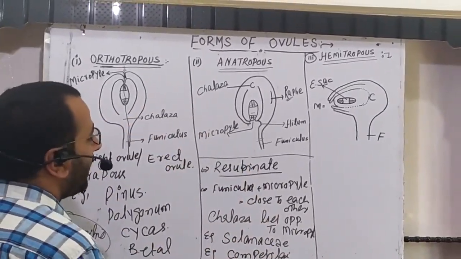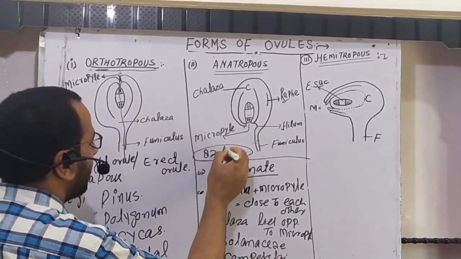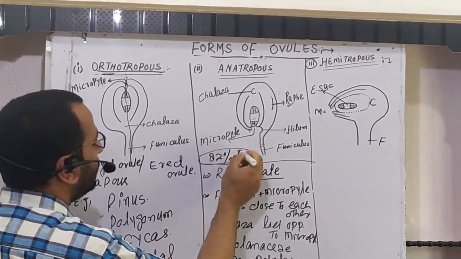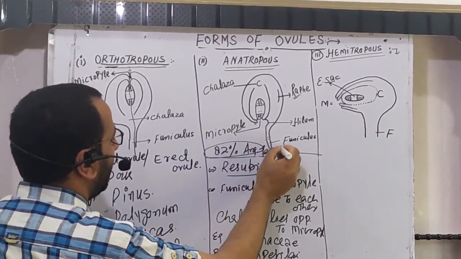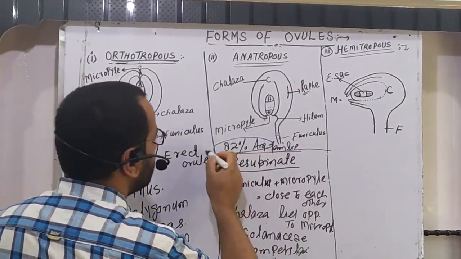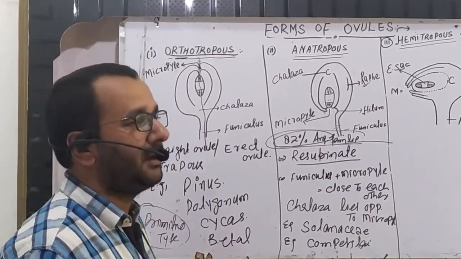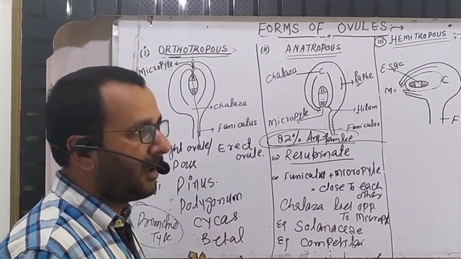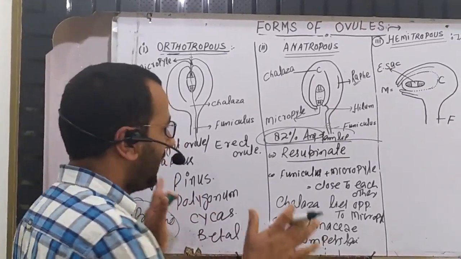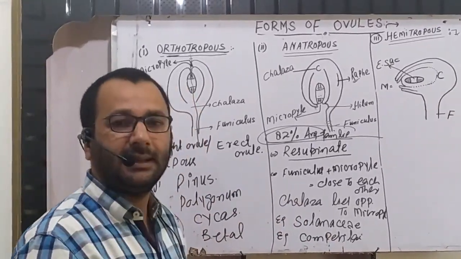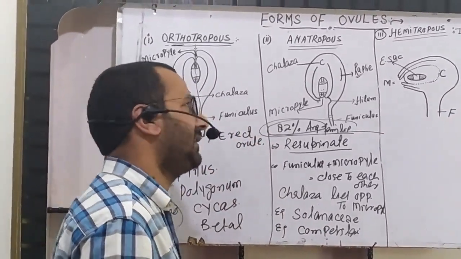You have to remember that this type of ovule is present in 82% of angiospermic families. This objective has come several times in JKCET and NEET exams, in the sense of which of the following ovules is predominant in angiosperms. It is found in 82% of angiospermic families.